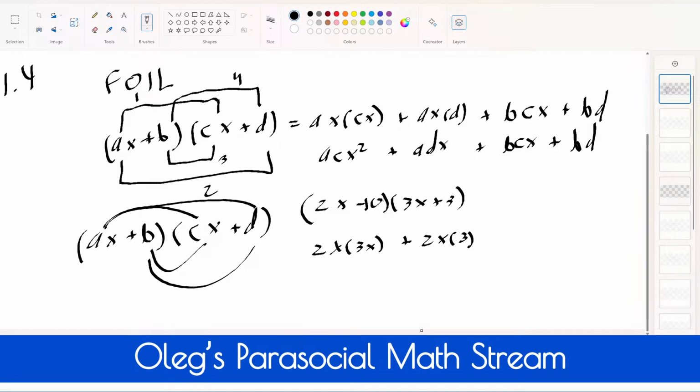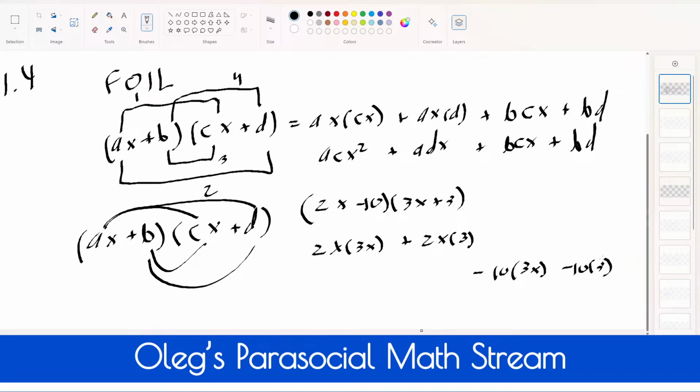And then we have the bottom terms, which is going to be negative 10 times 3x, and then negative 10 times 3.